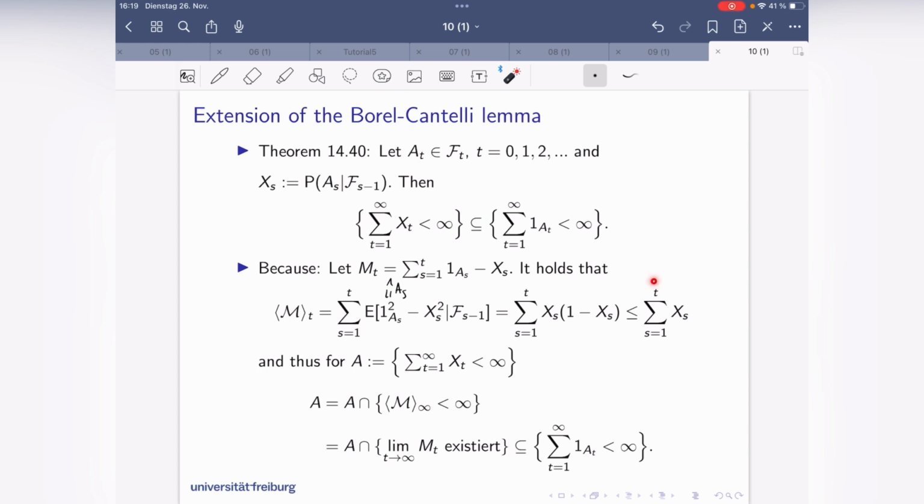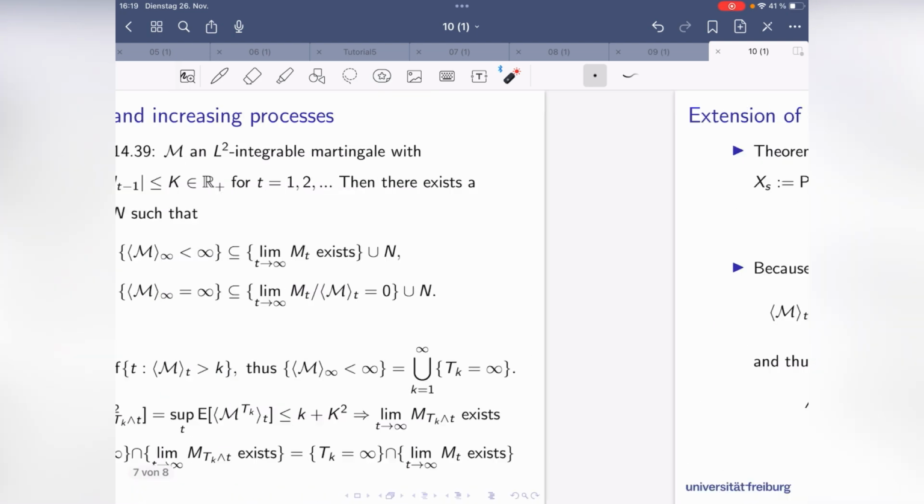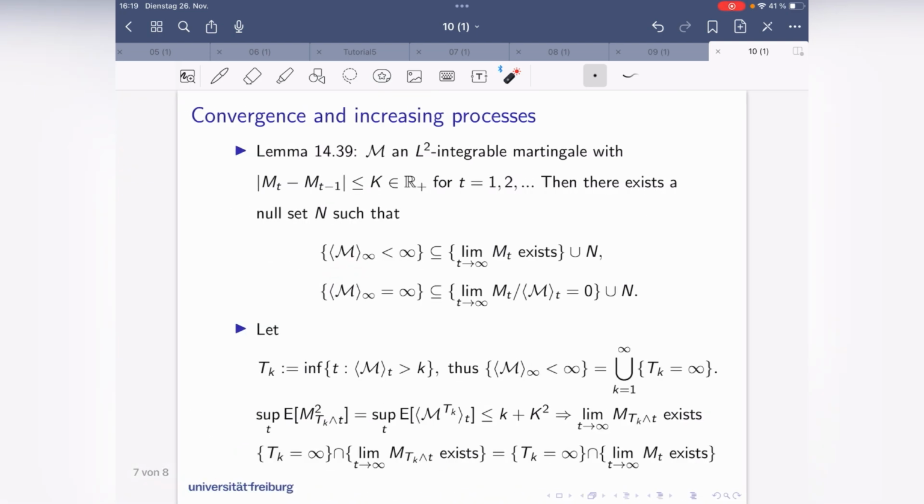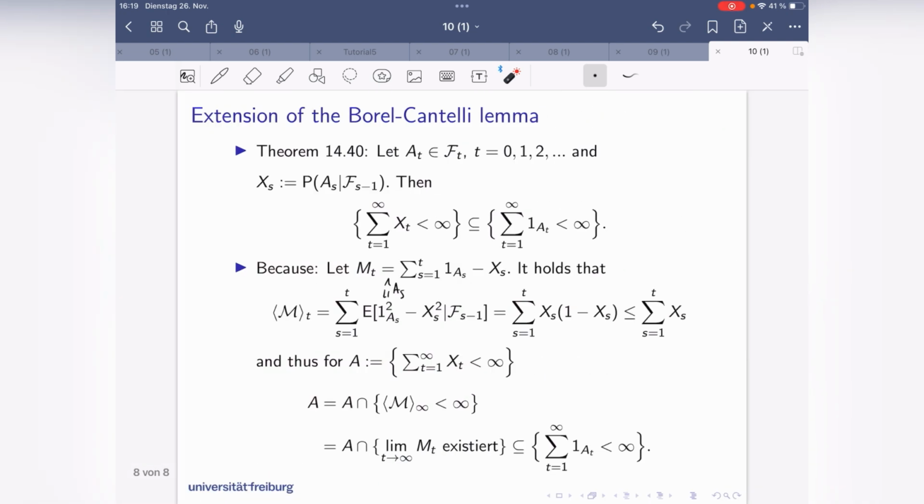So if the sum here is finite, I have that the quadratic variation is finite. And remember, when the quadratic variation is finite, this limit must exist.